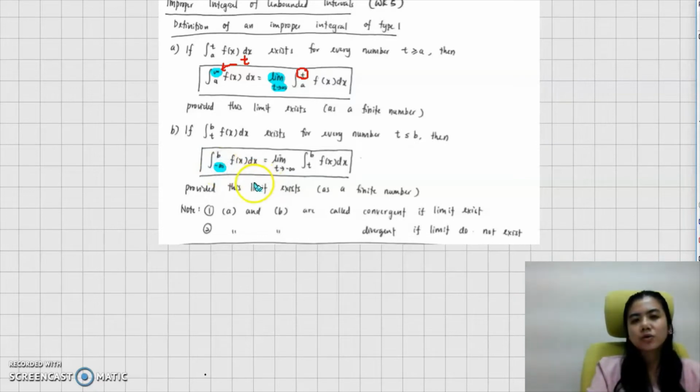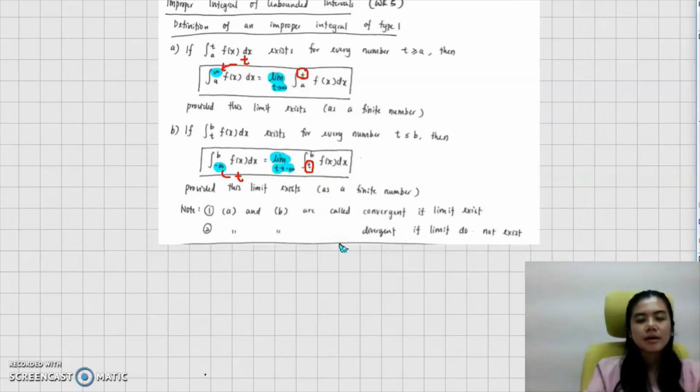We're going to do the same thing: substitute this negative infinity with a t, so you have a t here, and put a limit where t approaches negative infinity in front of the symbol of integration.